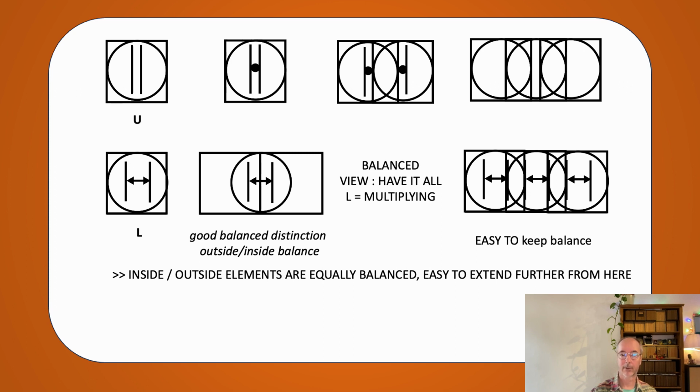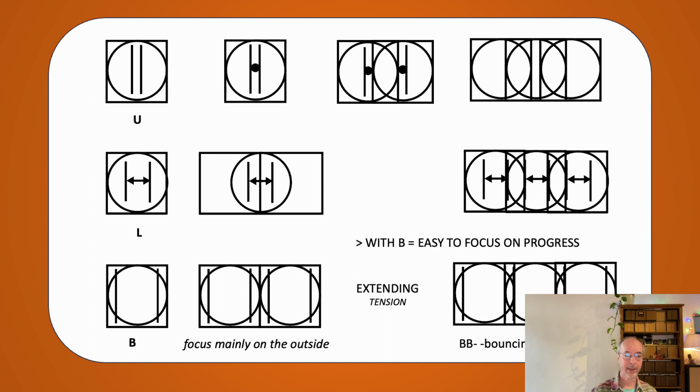The B at the end, that's the focus with the double focus at the outside. Here it will also be more focused on the outside movement, the extension, the extending, and you have a kind of effect of bouncing outwardly.